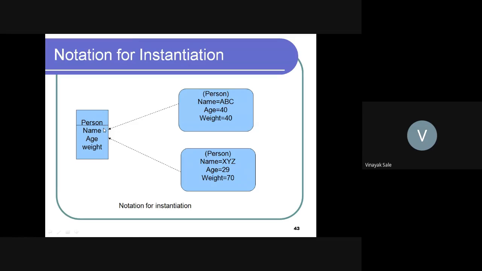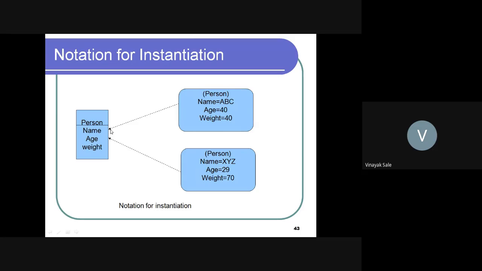Suppose this dotted arrow indicates the relation between objects and class. Here the class is Person and it has two objects, person first and person second, related with its attributes. In the case of class Person, the attributes are name, age and weight.